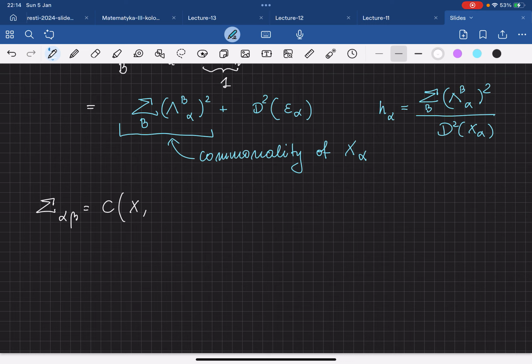So here we will have lambda a alpha f a plus epsilon alpha, and here lambda b beta f b plus epsilon beta.